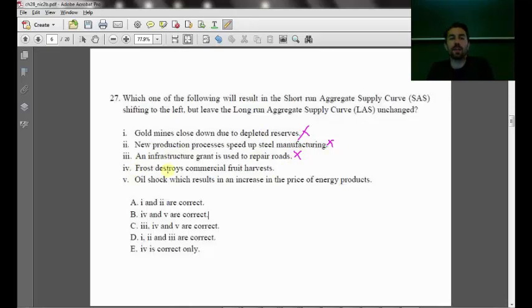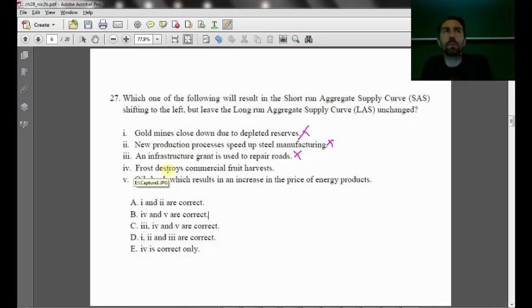Okay, this one's interesting. Number 4. There's frost, and the frost destroys the harvest of fruit. Okay, so you have a fruit farm, and its harvest gets destroyed because of frost. Short run? Okay, long run? Yeah, short run, definitely, we're not going to have produced as much because a whole bunch of it has been destroyed.